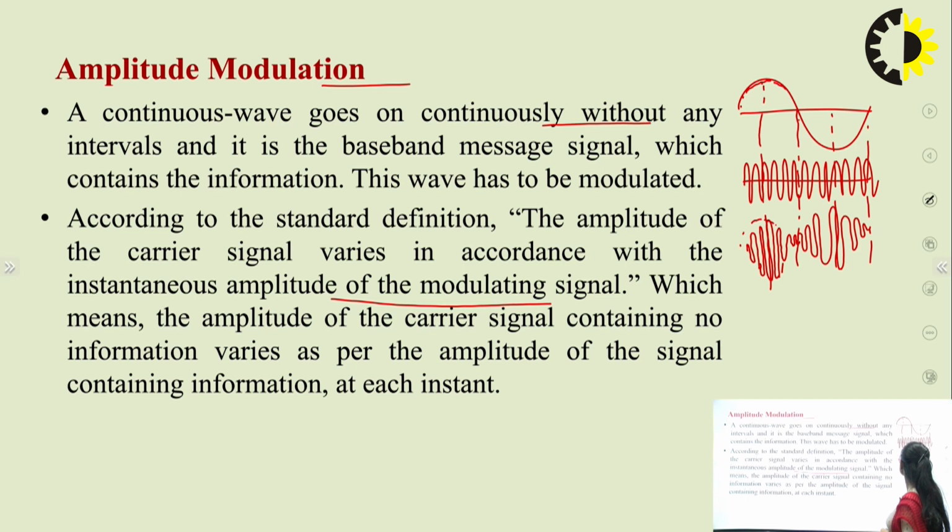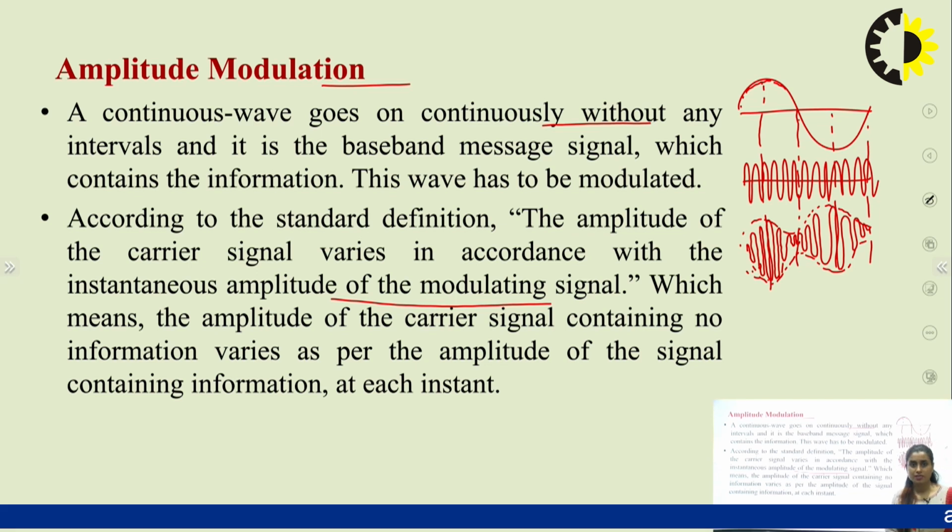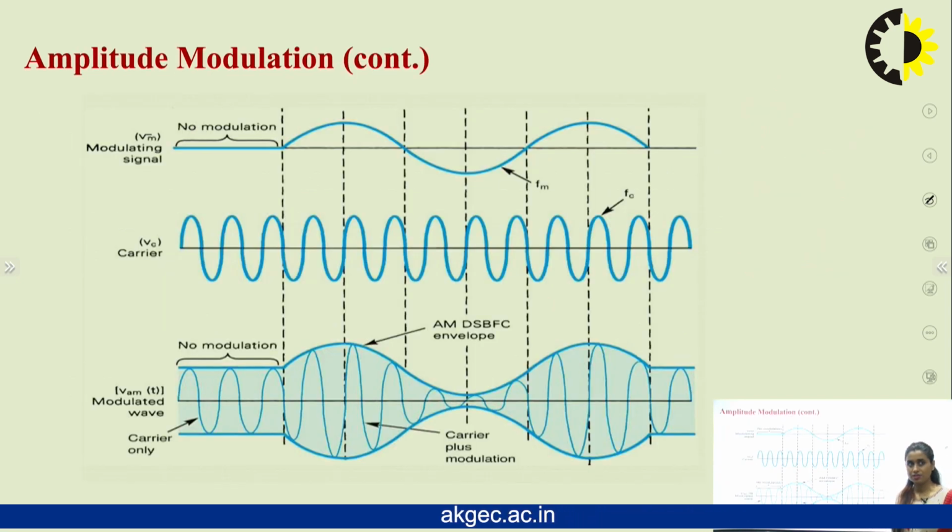So I can see that this somehow represents my message signal. When I draw the outer envelope of it, this gives me a representation of the message signal, right? So altering the amplitude of the high frequency carrier signal with respect to the instantaneous value of the message signal, keeping the rest of the things constant, is called amplitude modulation, right?